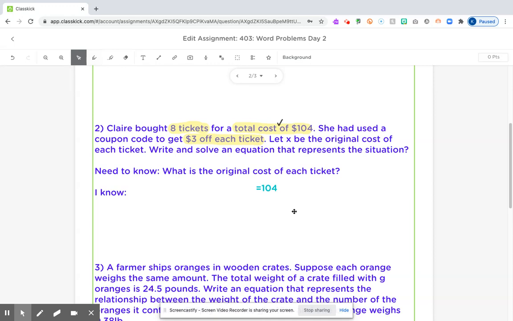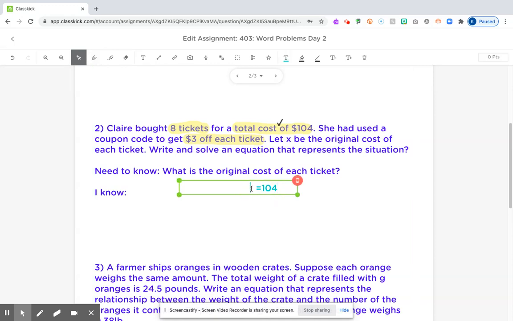So that tells me that we are going to have 3x plus, and then all we have left is, so we use this, we use that. All we have left is 8.